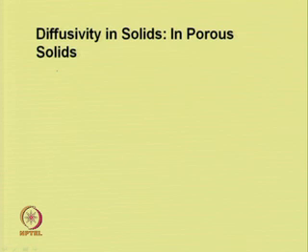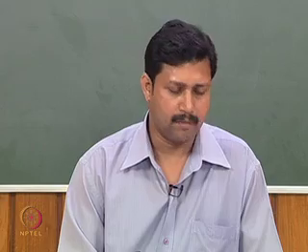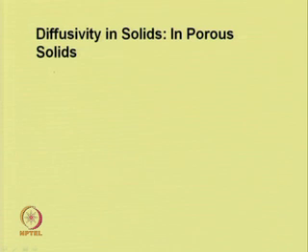So, if we consider pore diffusion, then at low pressure the collisions of the gas molecules will be less and the mean free path of the traveling molecules will be higher. So, first we will consider pore diffusion.